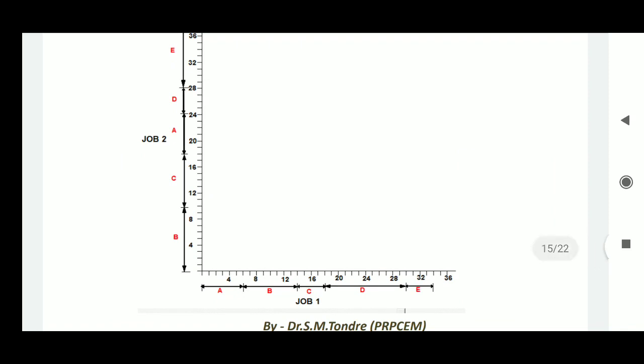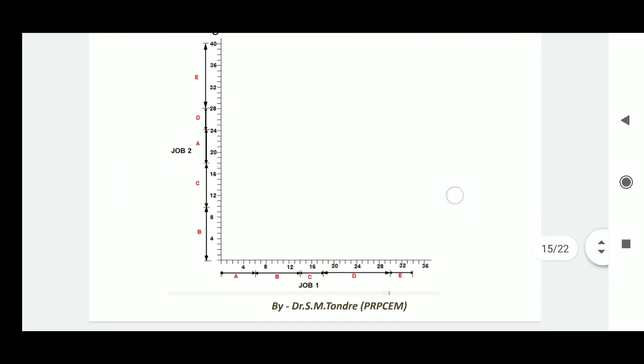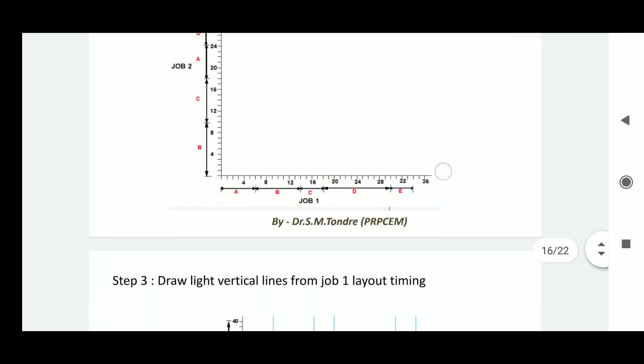For job 1, the time on machine A is 6 hours, then for machine B is 10 hours. So accordingly you can make the layout of timing on the x-axis and y-axis, as given in our problem.